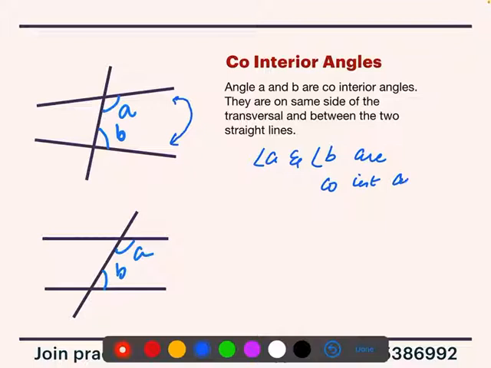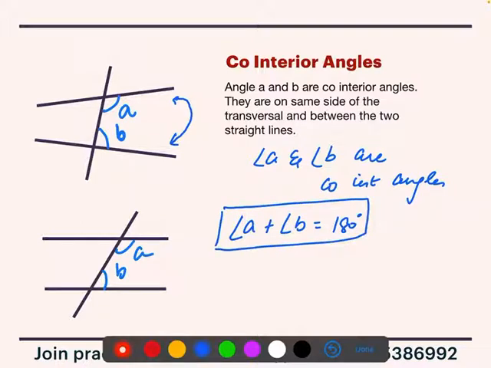Co-interior angles. But co-interior angles have a relationship when the lines become parallel, and that relationship is angle A plus angle B is equal to 180 degrees. Right? So these are the 4 types of angle pairs that we studied.